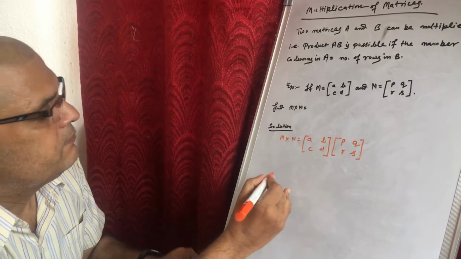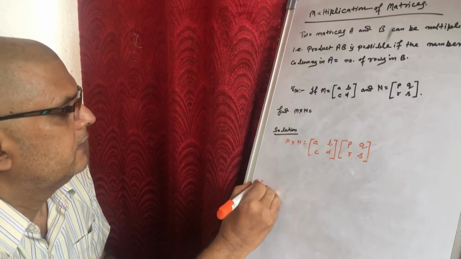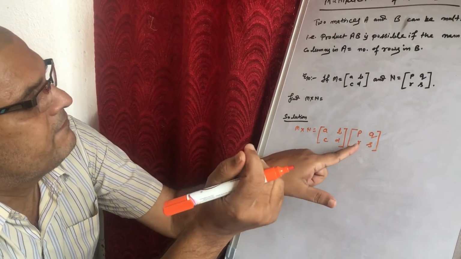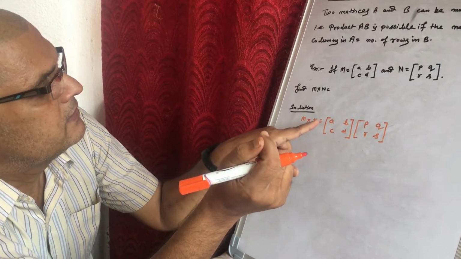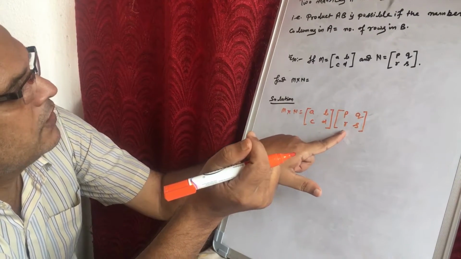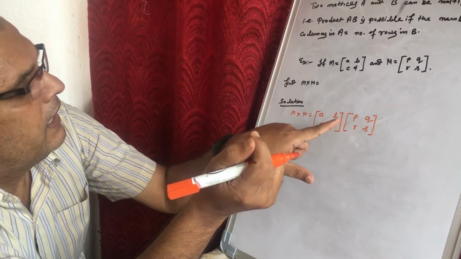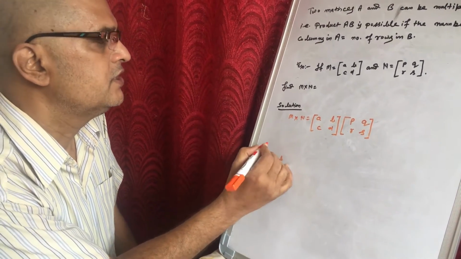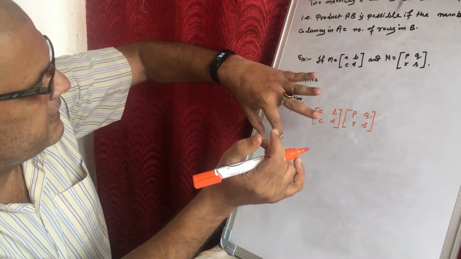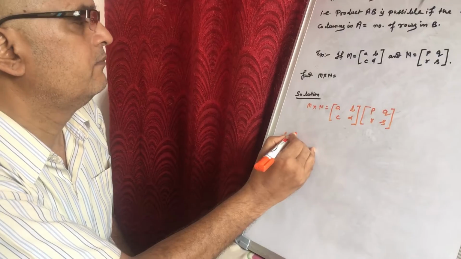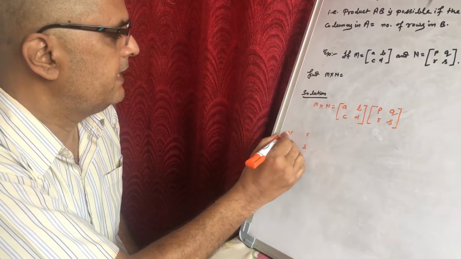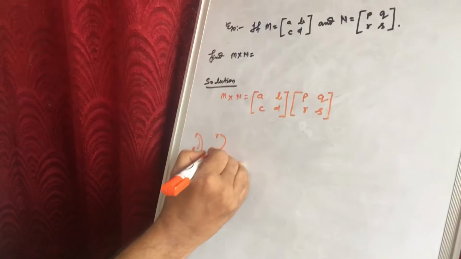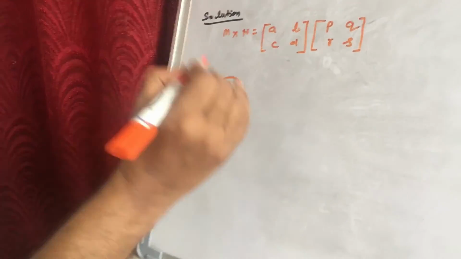See, I have to take the first row of M and multiply it with the first column of N. Now see, you just take P, R and keep it here, then multiply P with A and with C, and R is to be multiplied with B and with D.